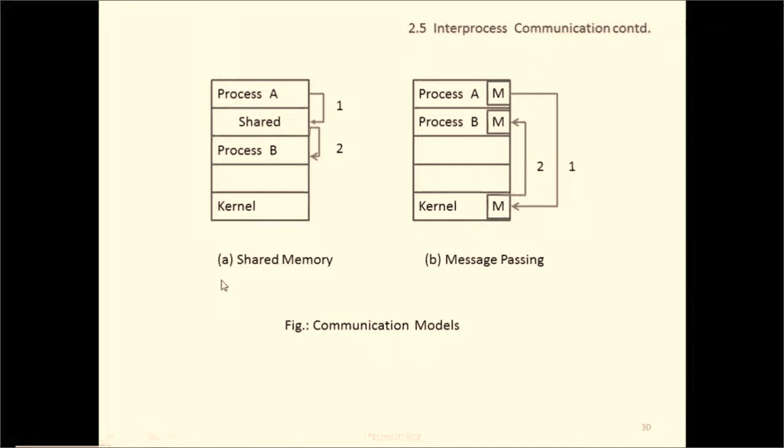Now, the diagram towards the left is for shared memory. Look at what is happening. There is process A, process B, and the kernel of the operating system.